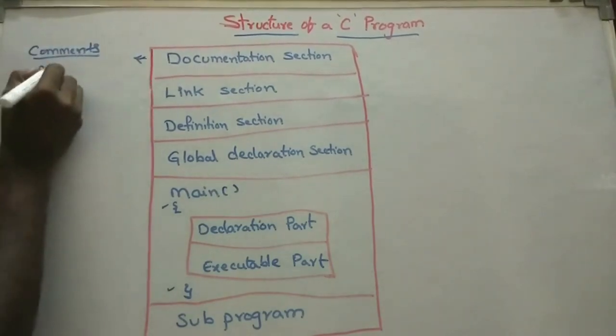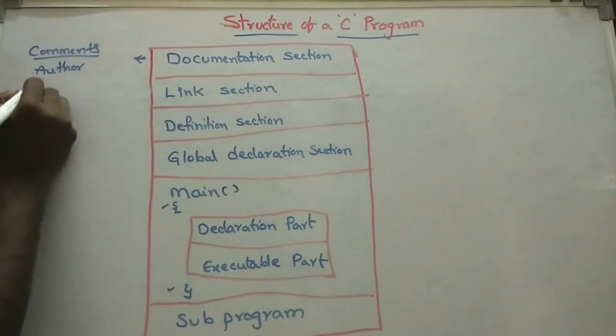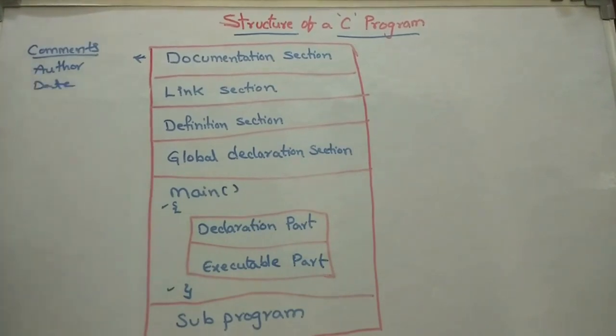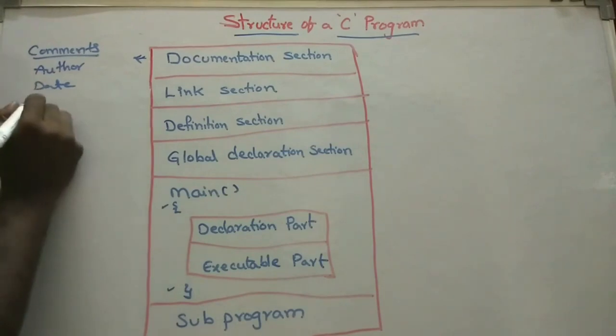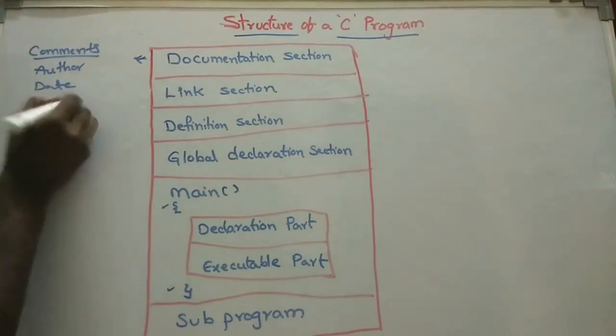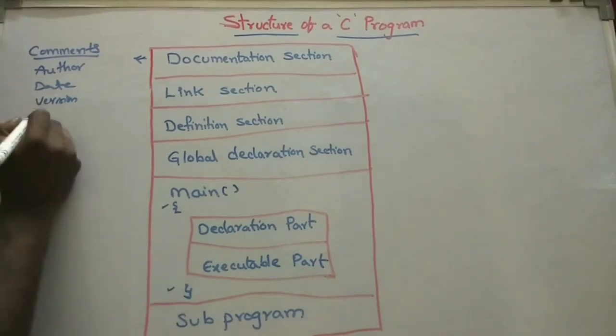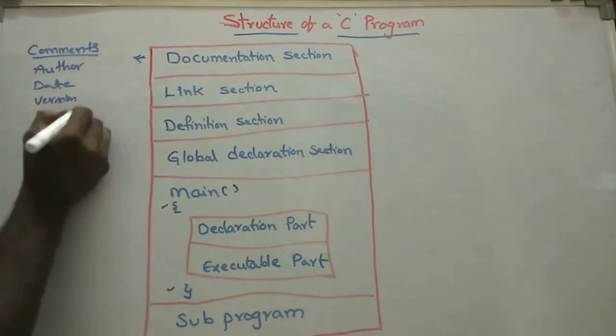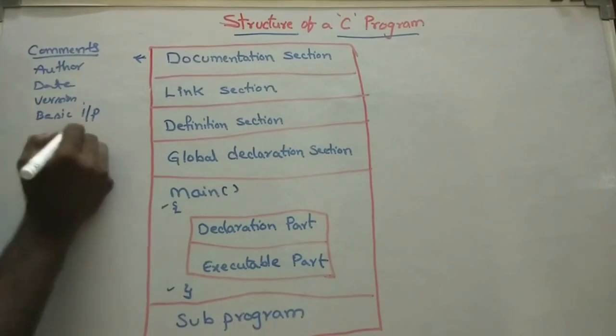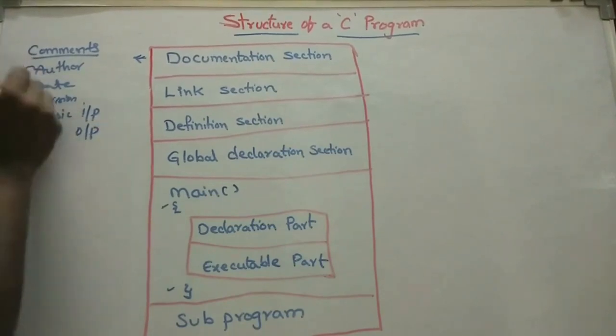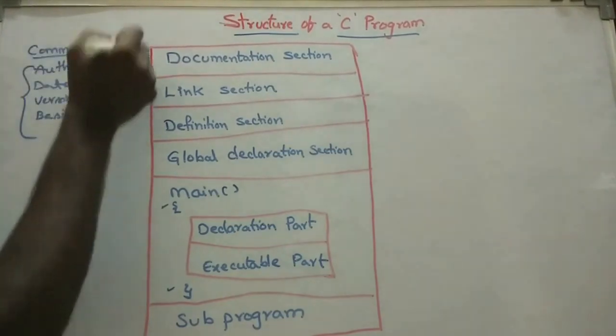For example, I want to write the author name, the date I developed the program or code, the version of my application or software or IDE, what my basic input is, and what my expected output is.